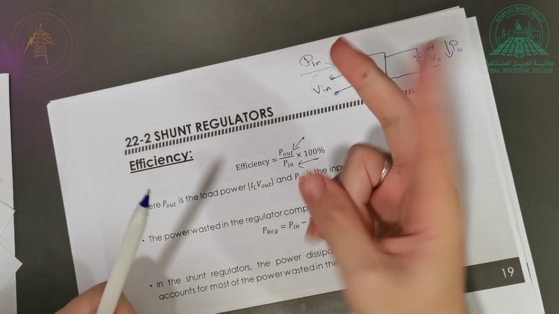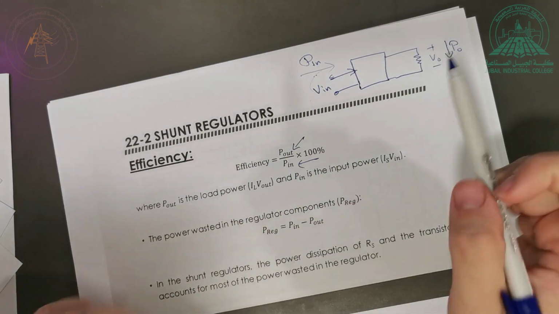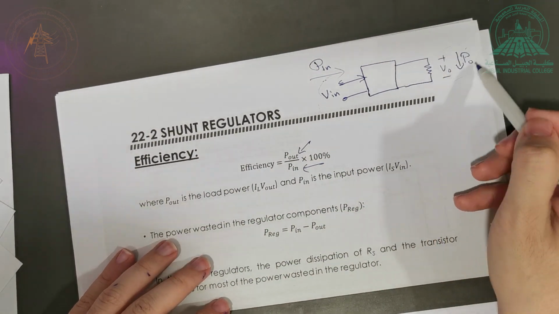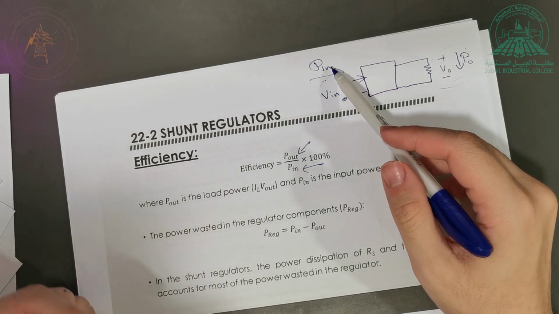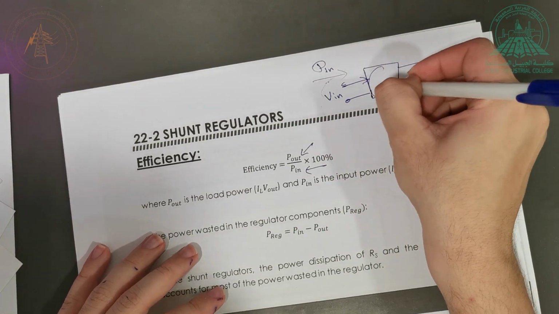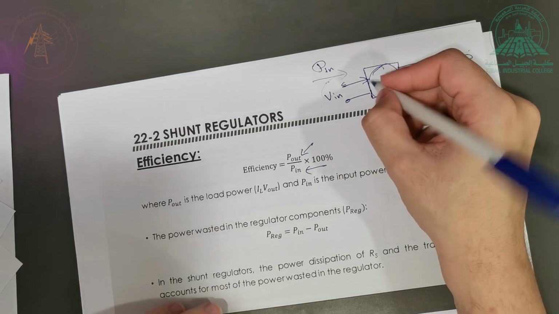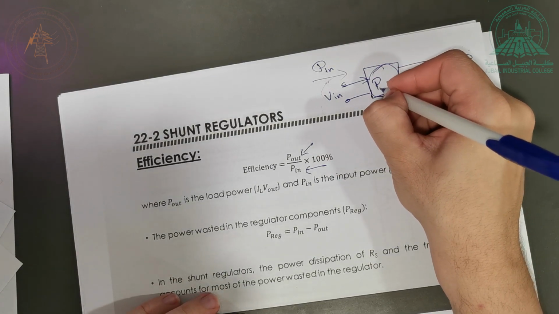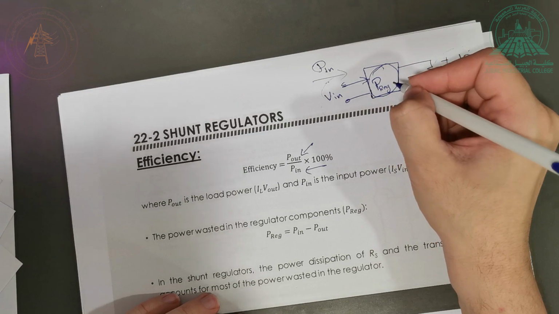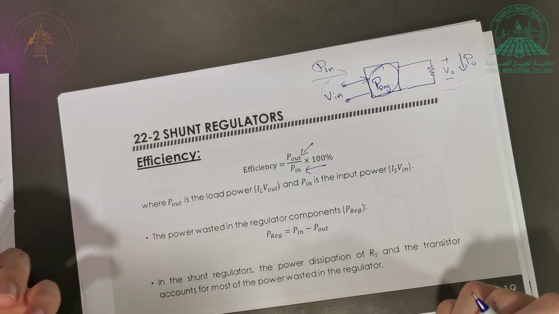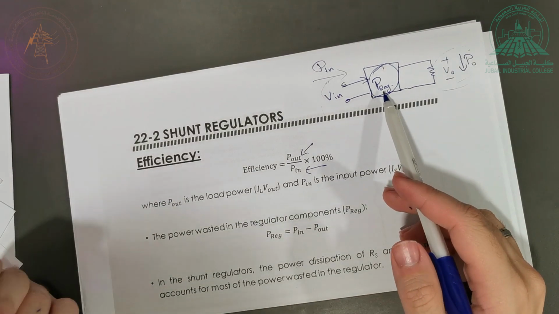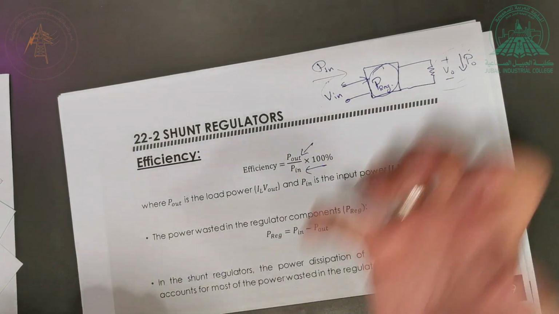Some part of it will go to the load, which I want, but you are going to see a large part of it will be absorbed inside here. We call it P regulation, or the power of the regulator. Why do you have that? Because this regulator, in order to work, needs power.